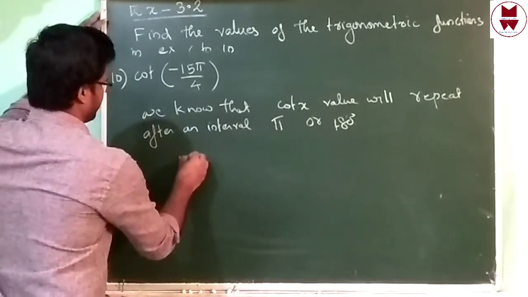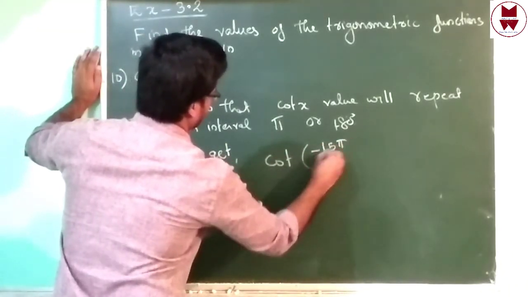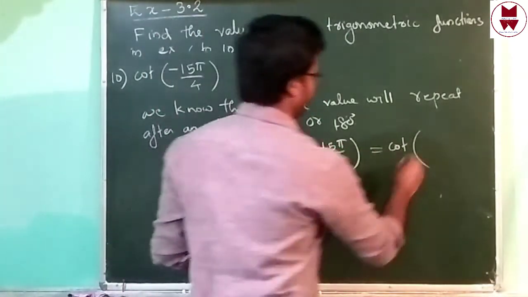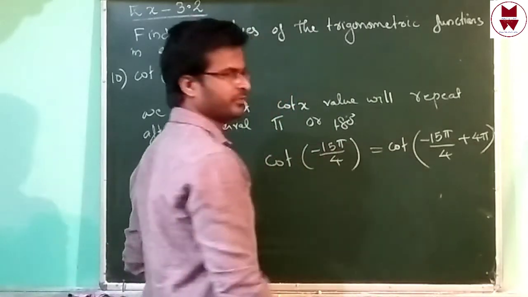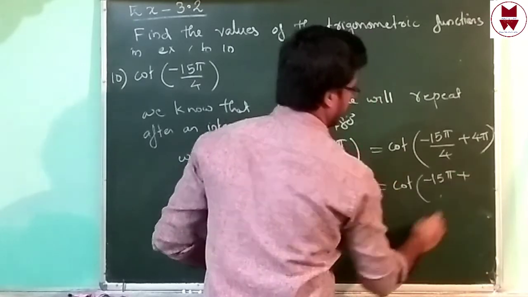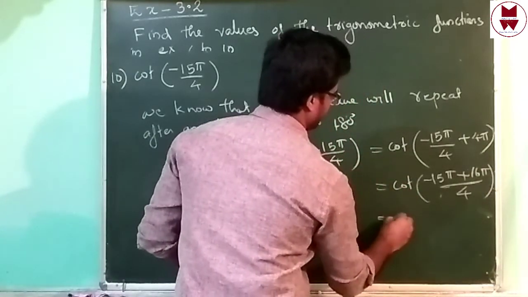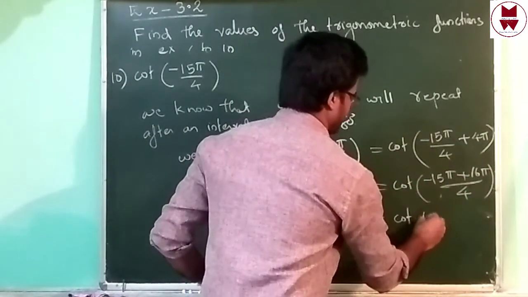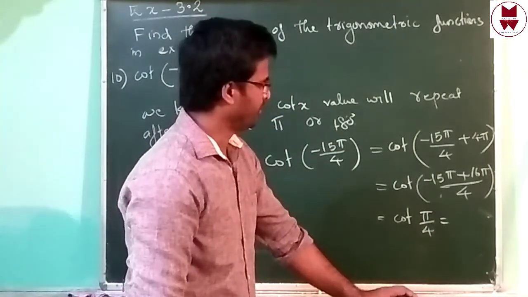Then we get cot minus 15 pi by 4. We have a negative number given. That's why we can add one number, plus 4 pi. Let's add plus 4 pi. Cot minus 15 pi, take LCM. What is LCM? 4. Then 4 into 4, 16. Equal to cot 16 pi minus 15 pi, 16 minus 15, 1, pi by 4. Equal to pi by 4, means 45. Cot 45 is 1.